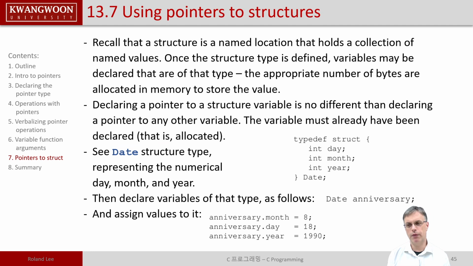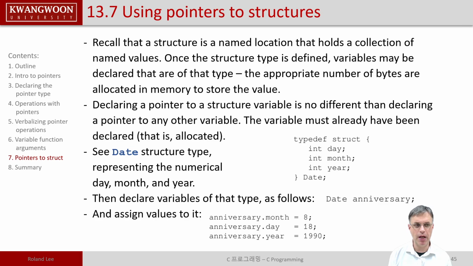When a variable of any type is declared, the appropriate number of bytes are allocated in memory to store the values of that type. We can then access the member structure elements directly through the structure variable's name and the dot notation.